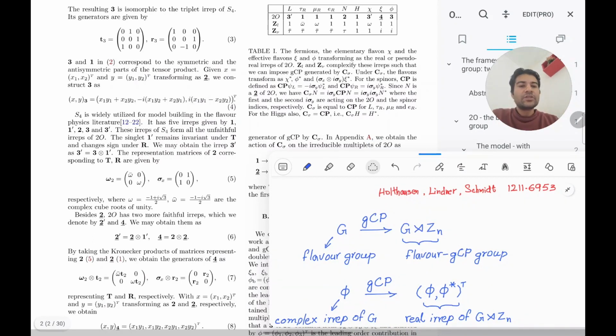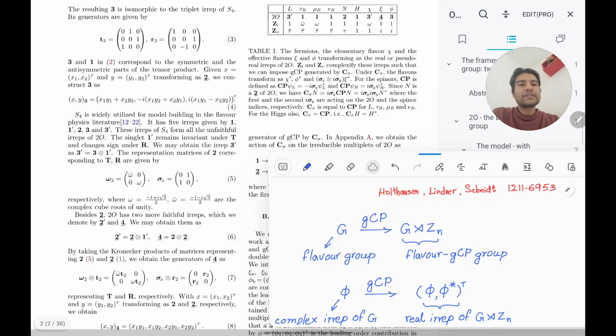The authors showed that, let's say we have a group G, a flavor group G, and then we introduce GCP. Now, if you don't consider GCP as a separate thing, rather include GCP as a group transformation along with the group transformations in G, then you get a larger group.